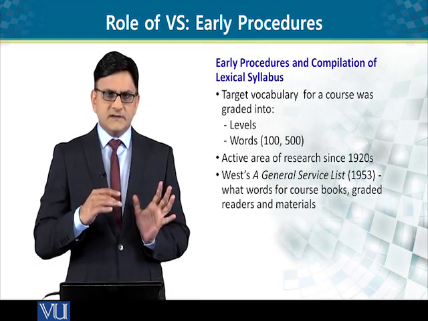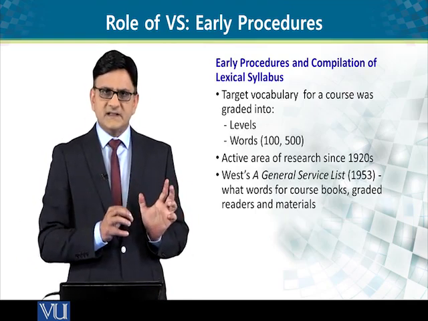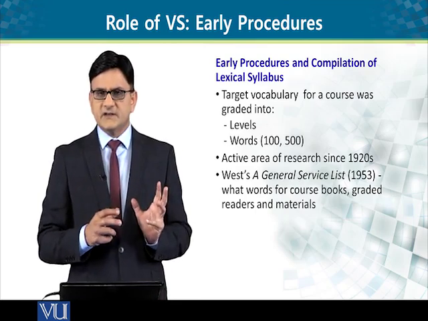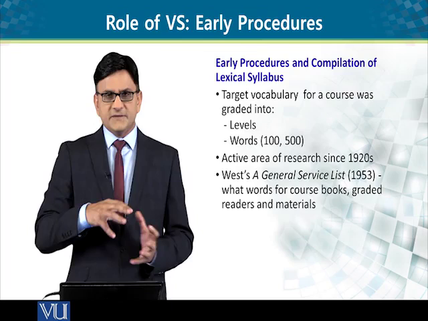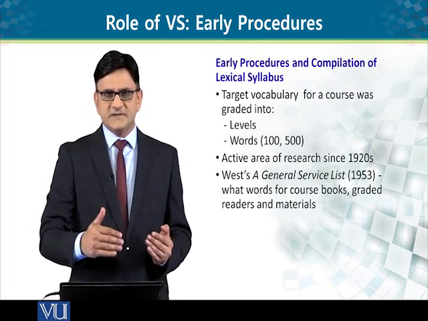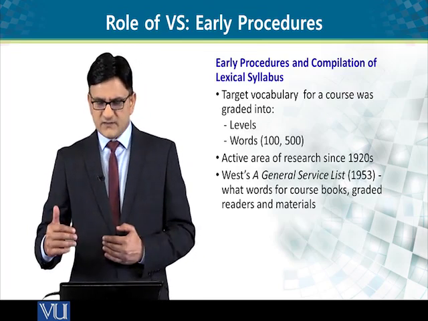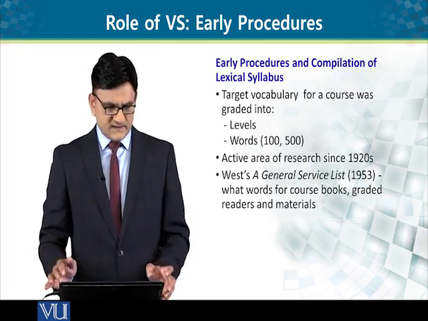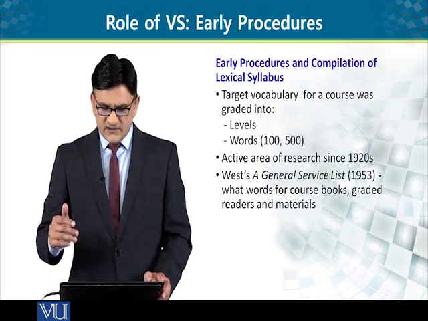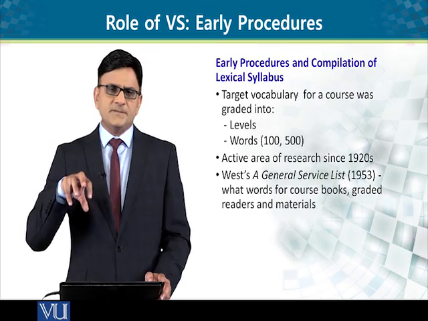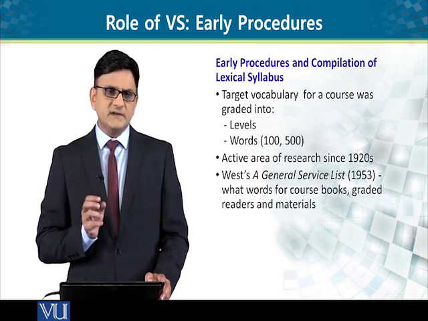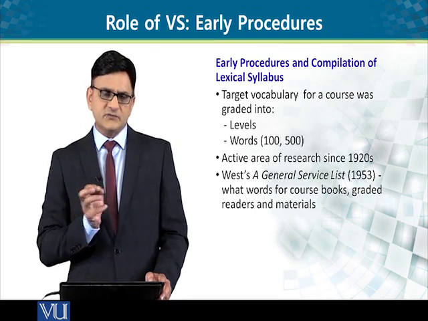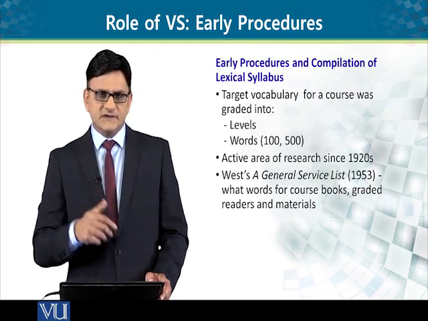Right. The vocabulary selection criteria was graded into different levels and different words. For example, the first 500 words, and then they got a second 500 words. So this has been a major area of research since the 1920s, like what words to select and what not to select for language teaching.